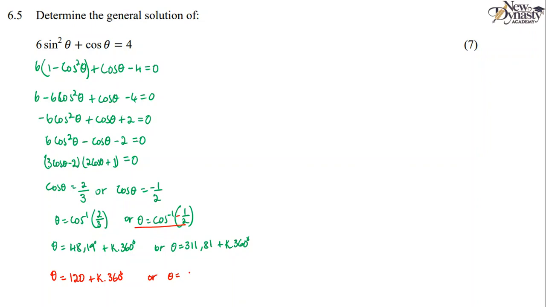So 180 minus that is going to be 240 plus k 360.